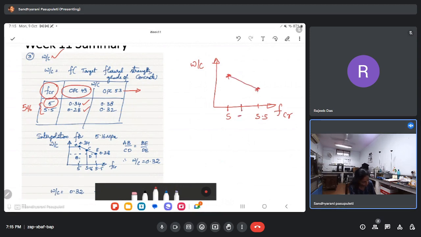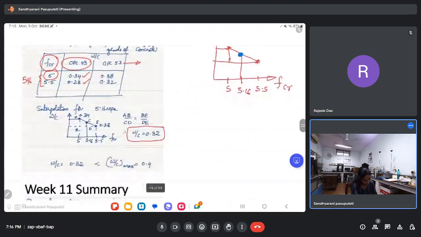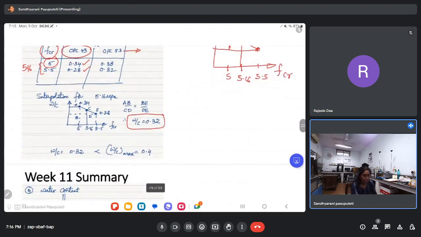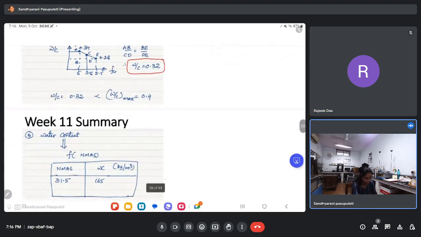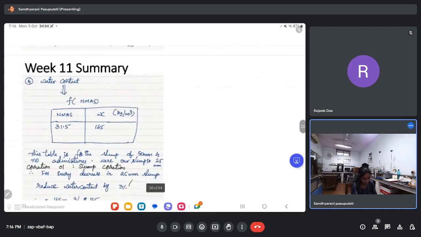But at 5.16, we don't know the water to cement ratio, so we have to calculate that. Using similar triangles, we can calculate it, and we get the water to cement ratio as 0.32. We also have to check that this 0.32 is less than the maximum water to cement ratio provided by the code. As it is less, it is fine.